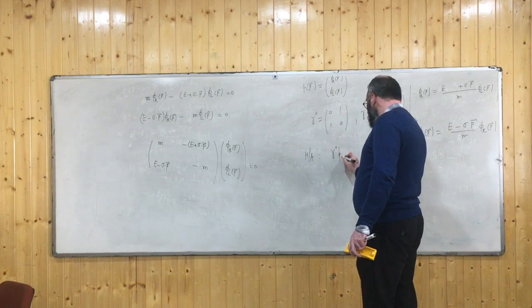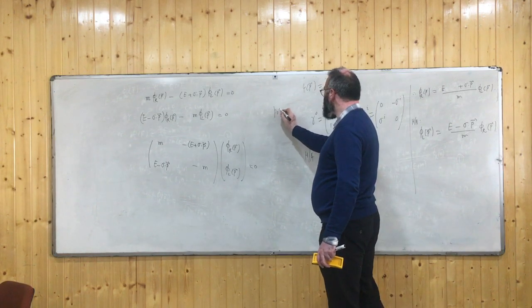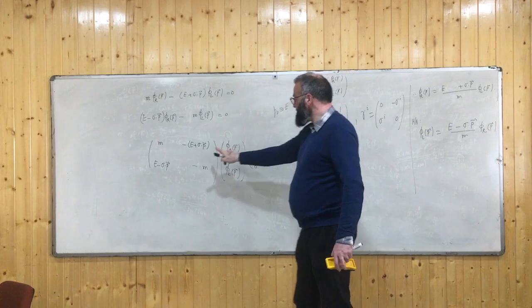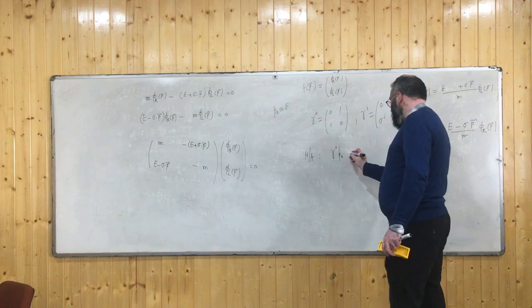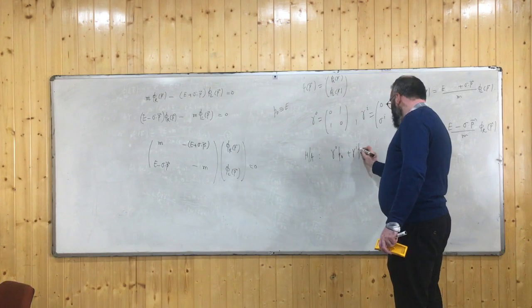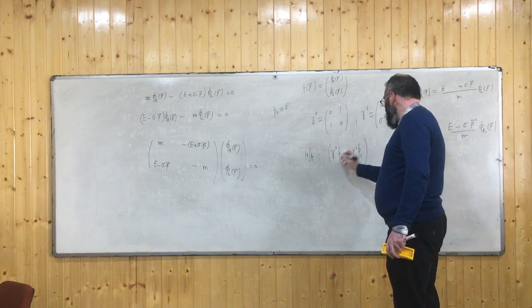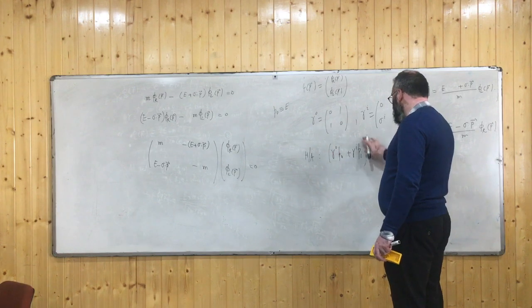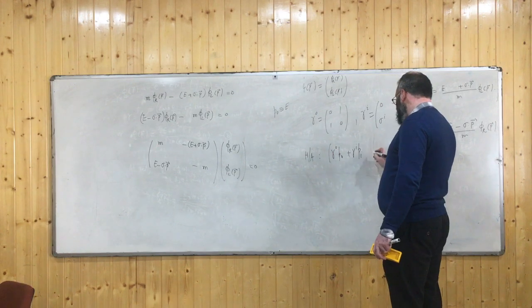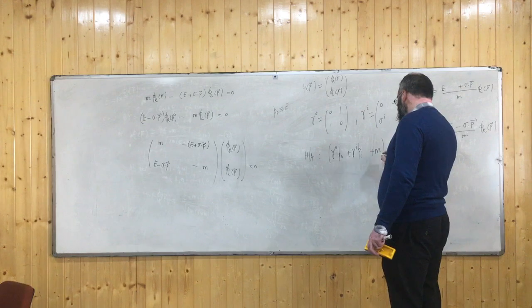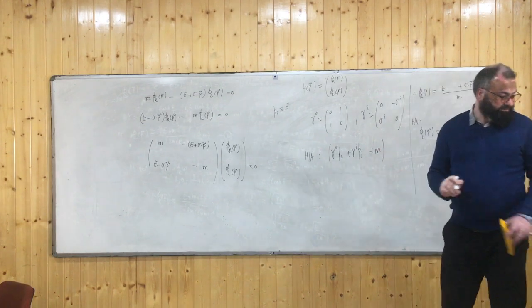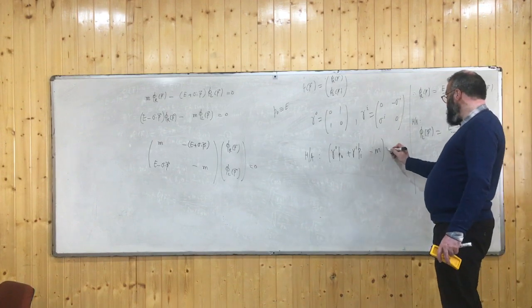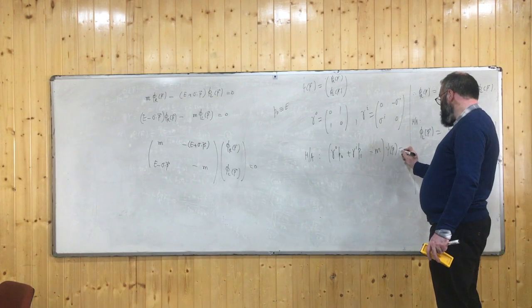You will get it like this: gamma 0 p 0, where p 0 is defined as E, plus gamma i p i acting on this, minus m acting on this psi of p, that's equal to 0.